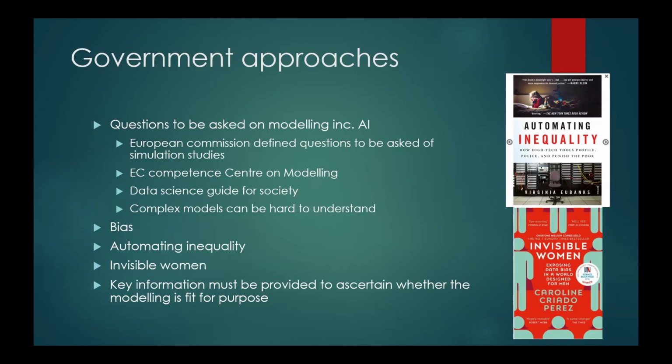In her book Invisible Women, Caroline Perez goes into detail about how much of the world has been designed on the presumption that a human being is a male human being, and everything from seatbelt design to air conditioning standards suits men more than women. So what we need is key information to be provided to ascertain whether the modelling is fit for purpose.